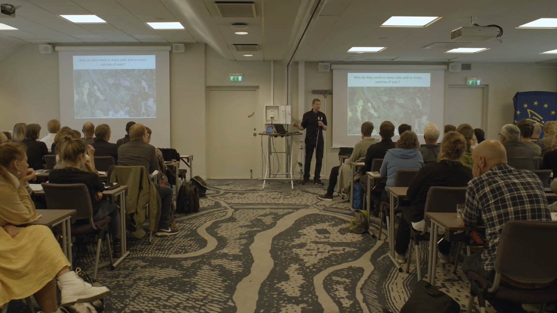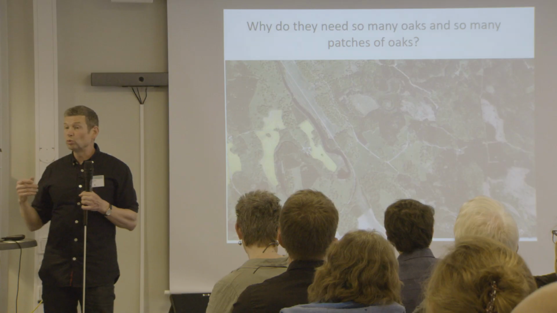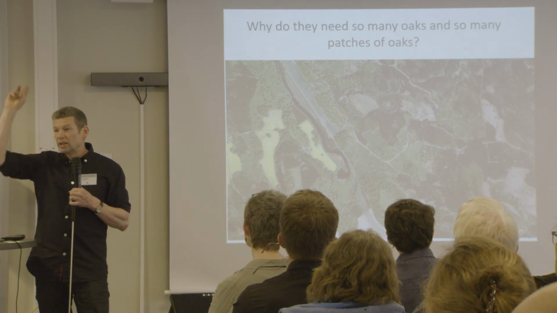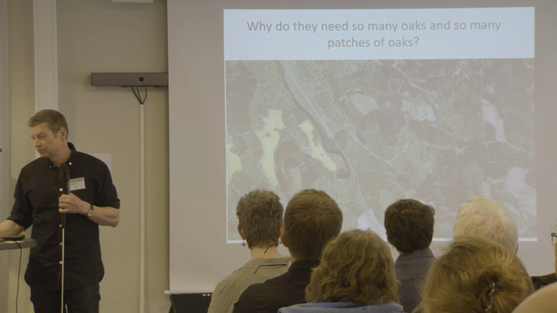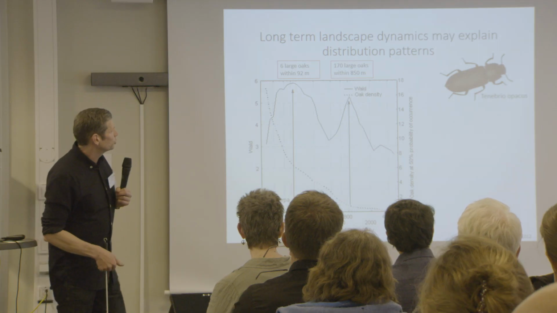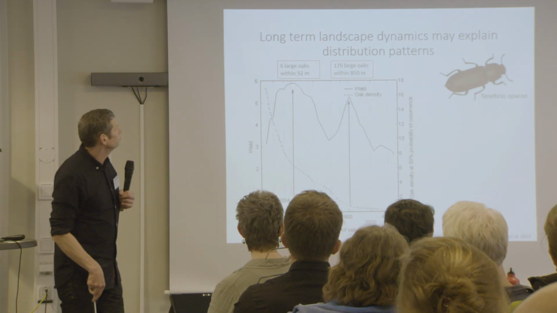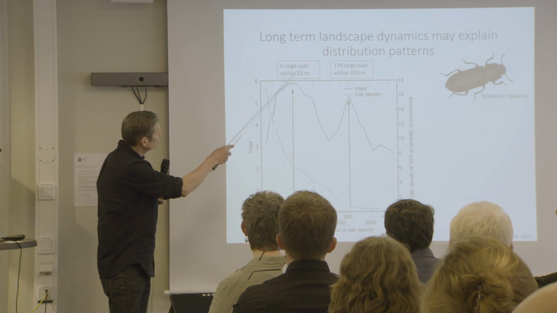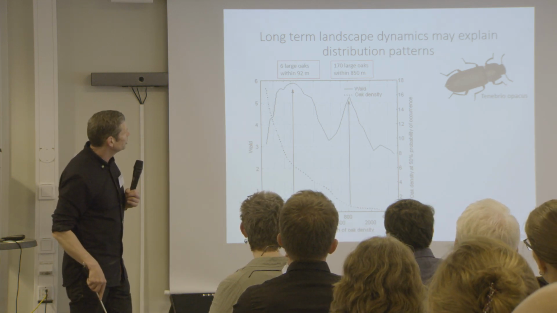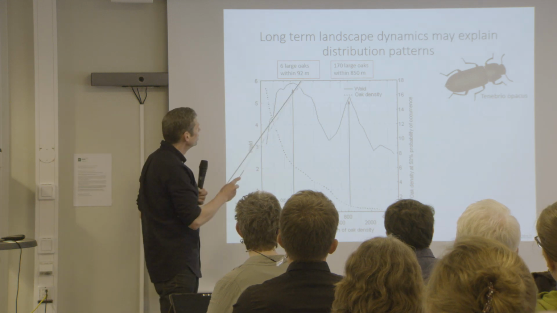Of course, again, this question: why do they then need so many oaks in a stand, and why do they need so many patches, such a large landscape? So let's go to another species, Tenebrio opacus. They show the same pattern. You remember they respond to oaks within 90 meters and 850.